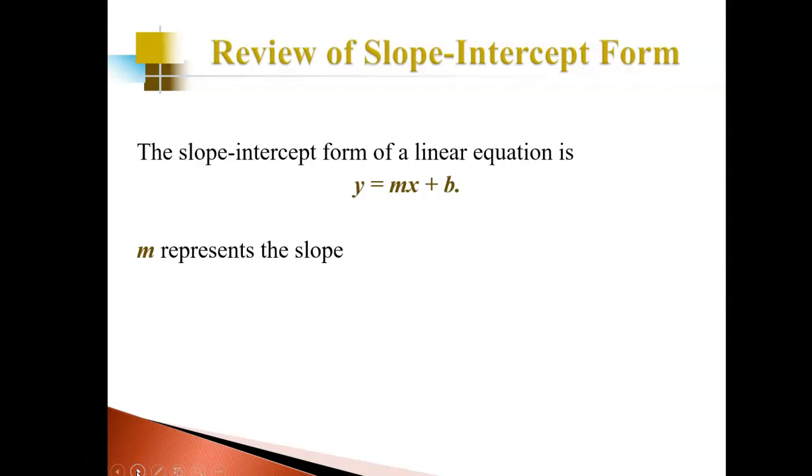The x is not part of the slope. So if I ask you for the slope of the line, do not put an x with your number. Slope is simply a number. And the b value represents the y-intercept. Remember that the y-intercept occurs when x is 0, and it's where the graph crosses on the y-axis. So the y-intercept is on the y-axis.